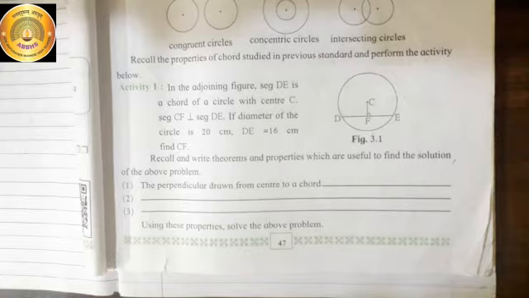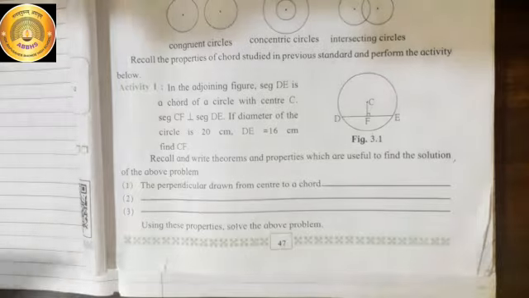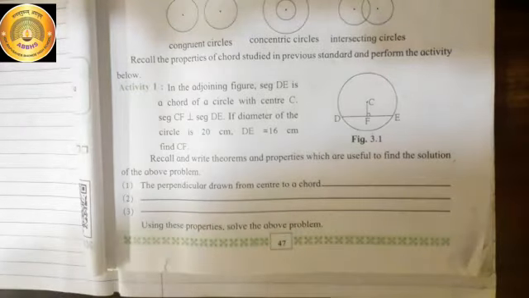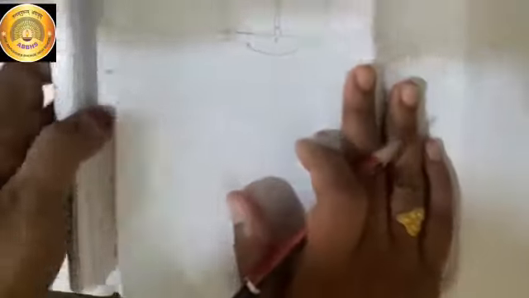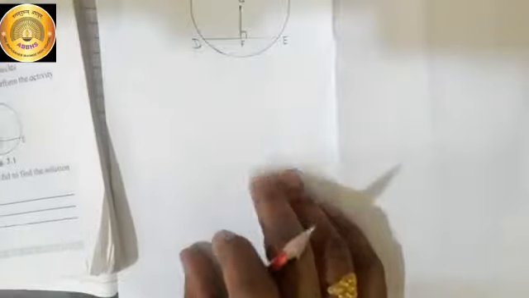If the diameter of the circle is 20 centimeter and DE is 16 centimeter, then we have to find CF. For this I have drawn one circle here. You all have to do this activity in your notebook.